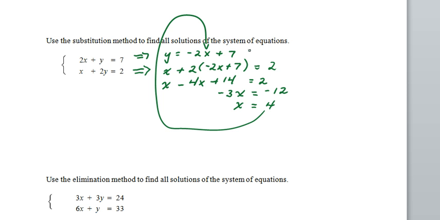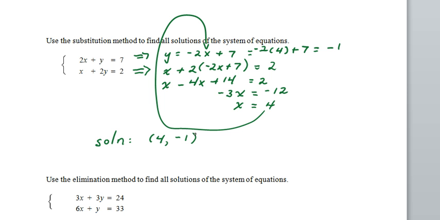And so now I'm going to get that y equals negative 2 times 4 plus 7, or negative 1. And so the solution is the ordered pair 4, negative 1.